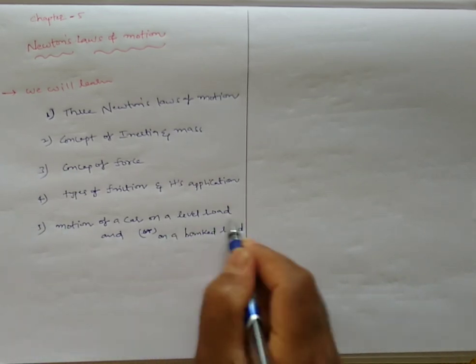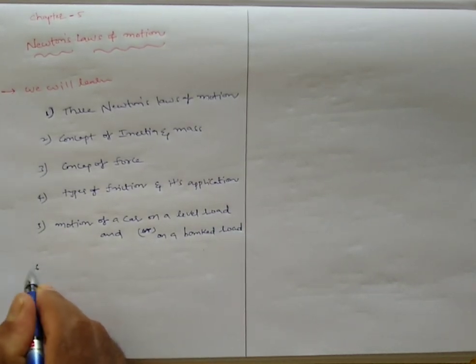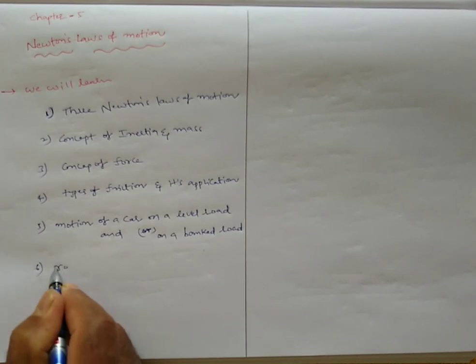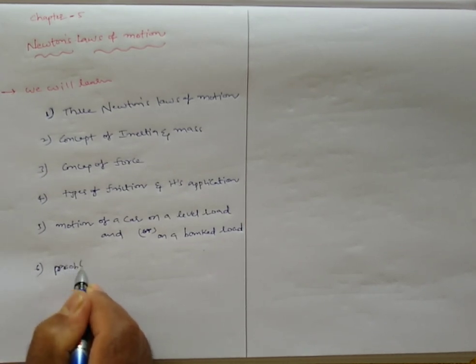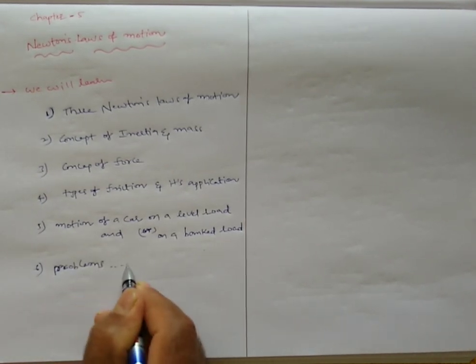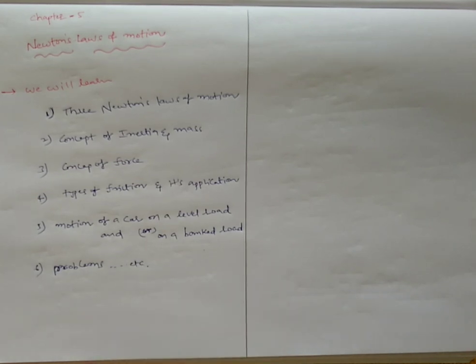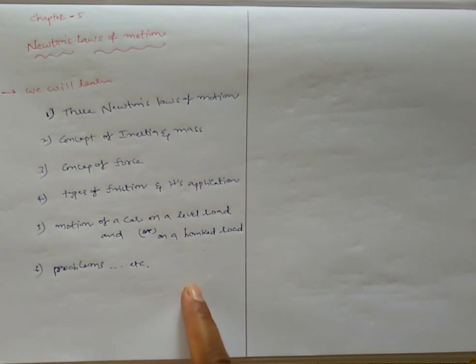So motion of a car on a level road and banked road, and problems, etc. These are all the learning objectives of this chapter.